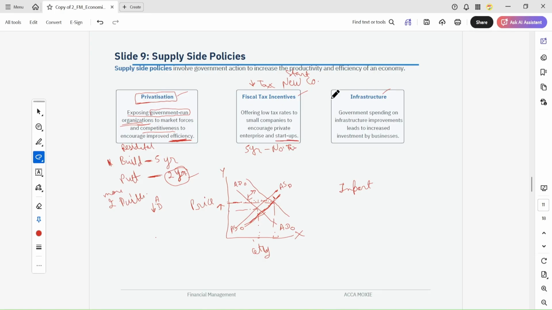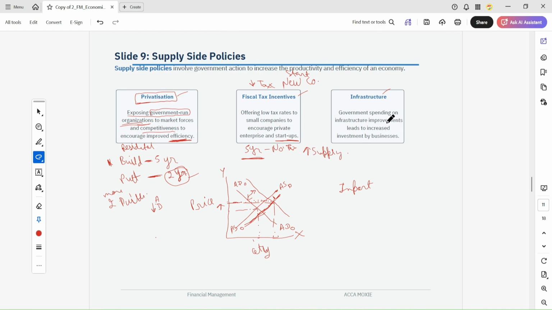So there will be so many startups in your country if there is no tax for the next 5 years. These startups will produce products and will increase the supply. So this is another supply side policy.